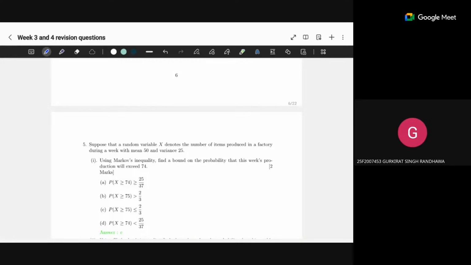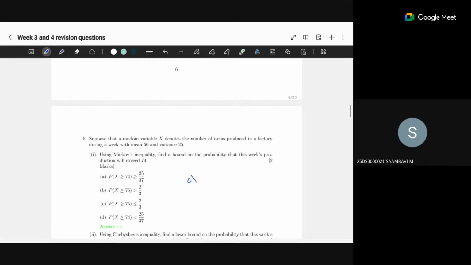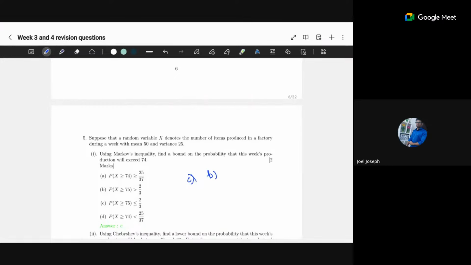What is the correct answer? Everyone is getting C option. Ma'am, I am getting B. Okay. D, C, B, and D. Anything else? I will go with C. Okay.